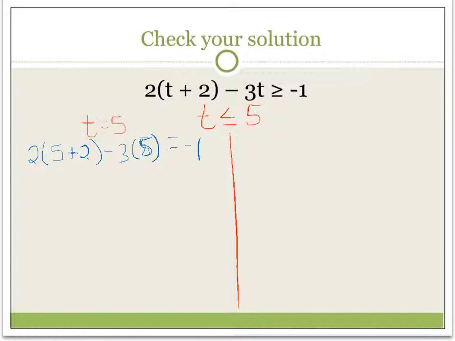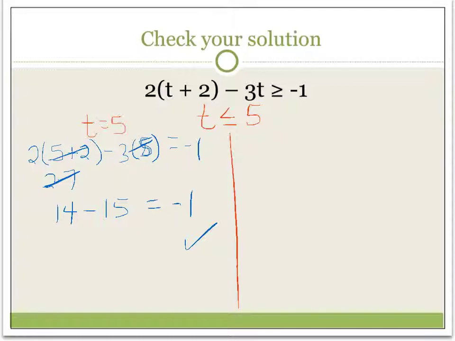When we check this, 5 plus 2 is 7, 7 times 2 is 14, and 3 times 5 is 15, and 14 minus 15 is equal to -1. So we know that our computation was correct. We did the math correct, so that takes care of that.